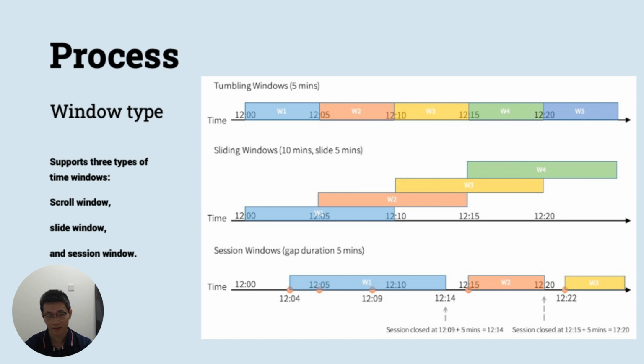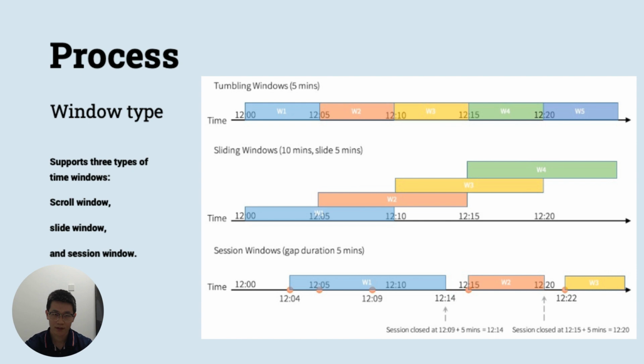For example, in this window, W1, you can see that at 12:09, the last record arrived. 5 minutes later, that is at 12:14, no data has arrived. So this window is closed. This is a session window.